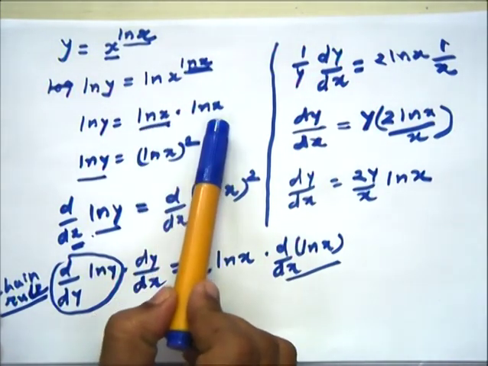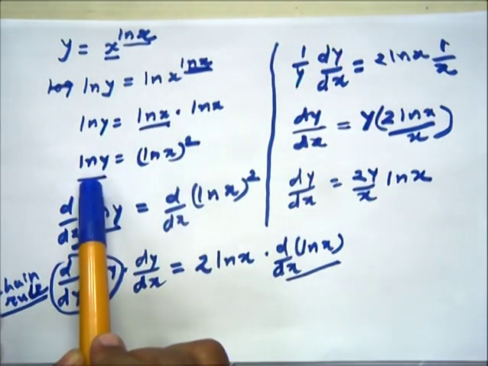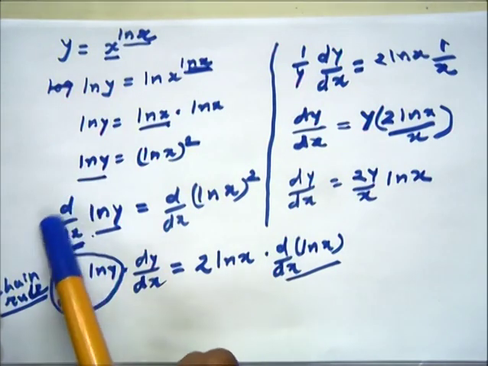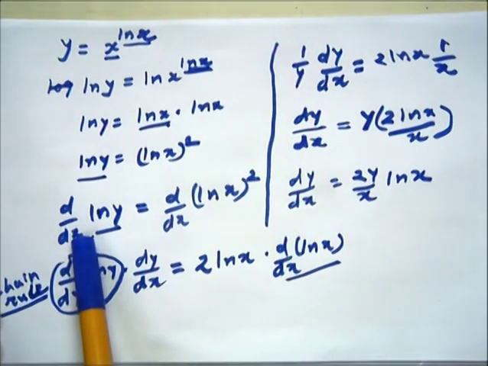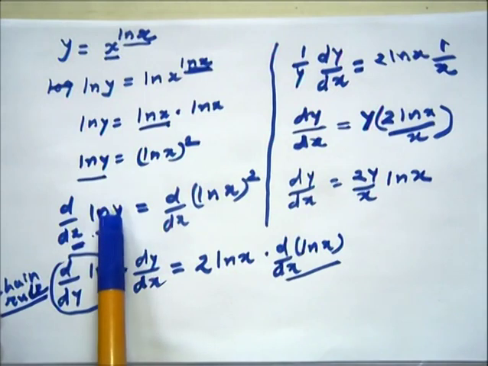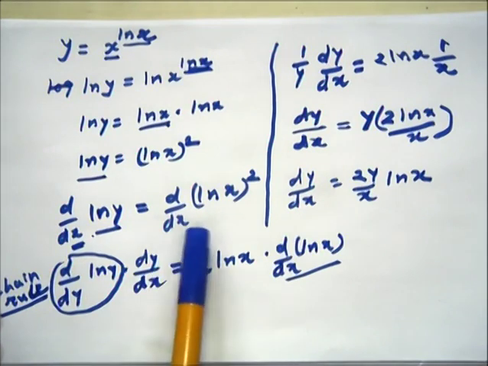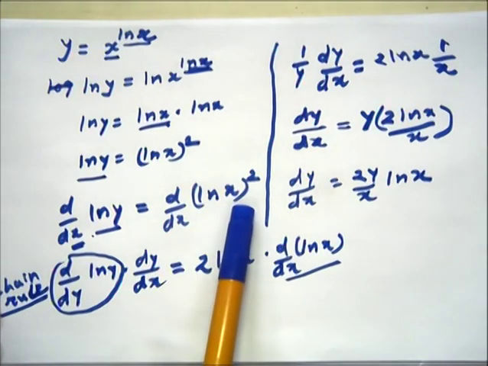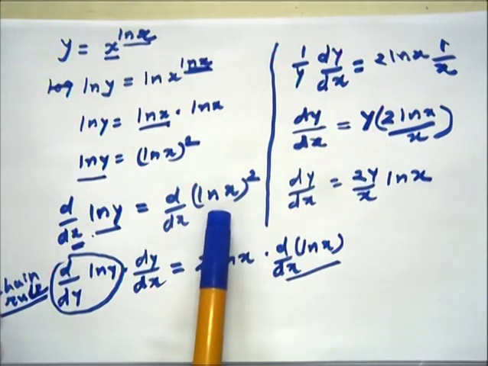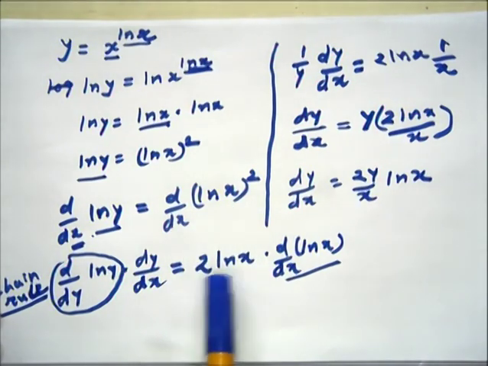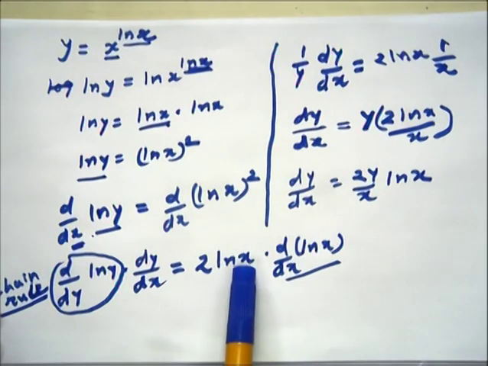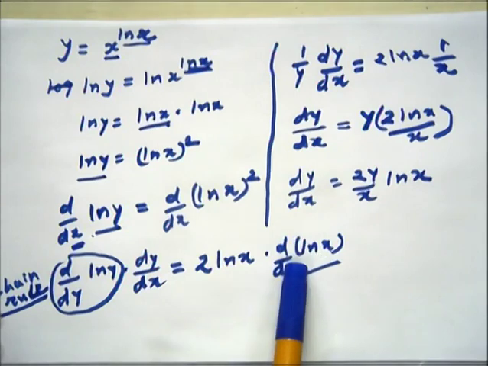Log x into log x is log x square, and log y, if we differentiate with respect to x, it is a function of y. So first we have to differentiate with respect to y into dy by dx, and this is a composition of two functions. So it is x square and log x. So the derivative of x square is 2x. So the derivative of log x square is 2 log x into the derivative of log x.